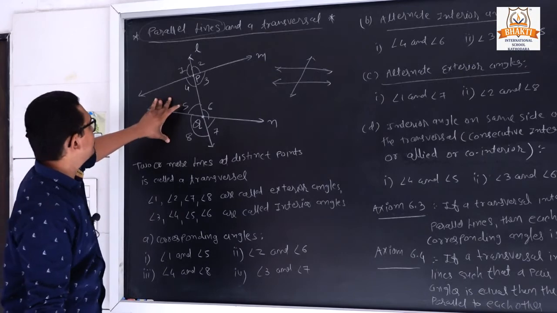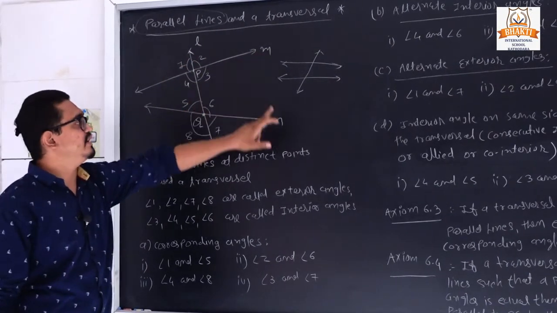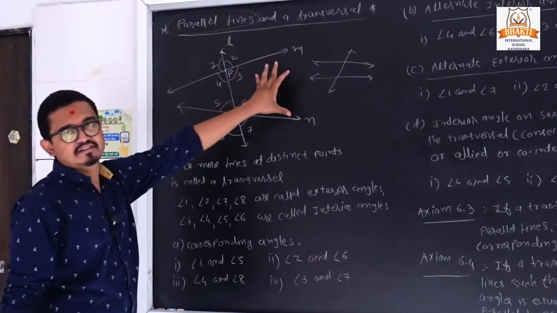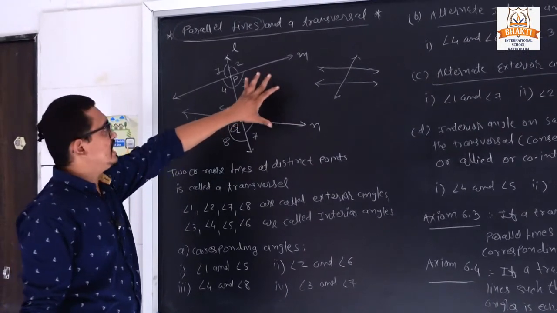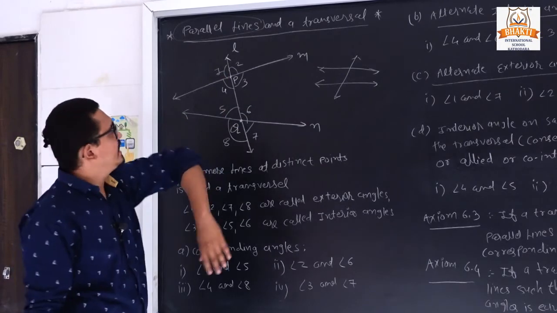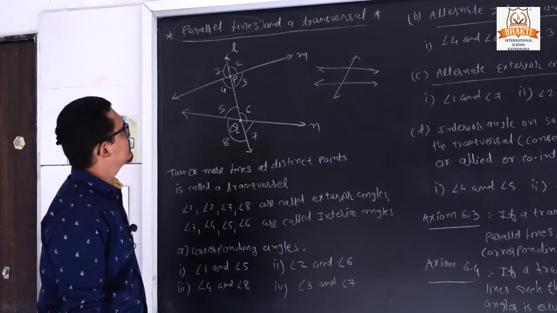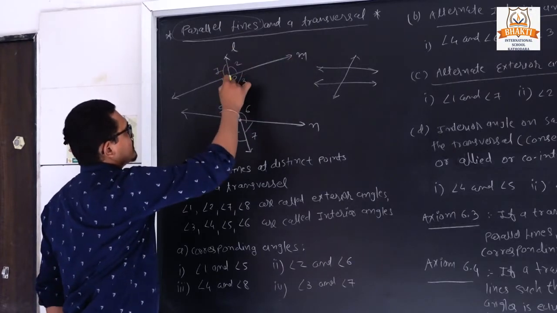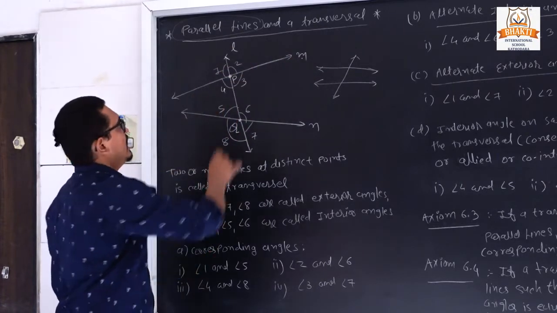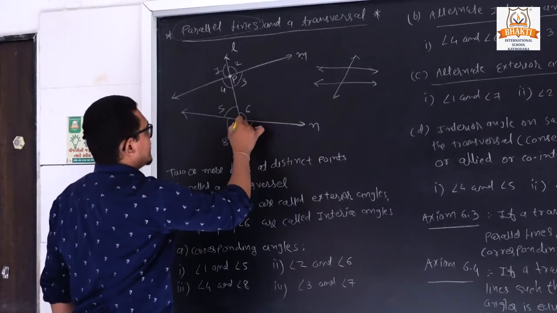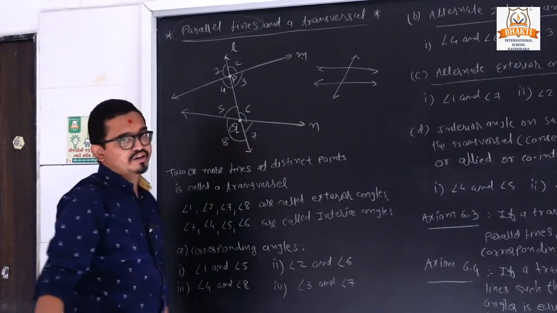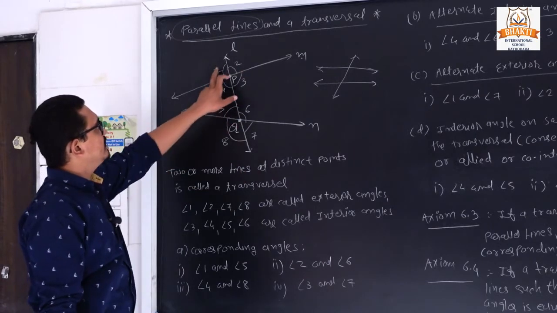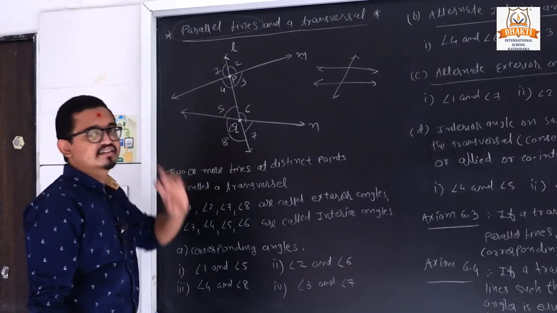So here we have three lines L, M, N. L and M are two lines, but they are not parallel. And if I draw a third line, it intersects M and L at point P, and line L and line N intersect at point Q. So here we are creating 8 angles: 1, 2, 3, 4, 5, 6, 7, 8.